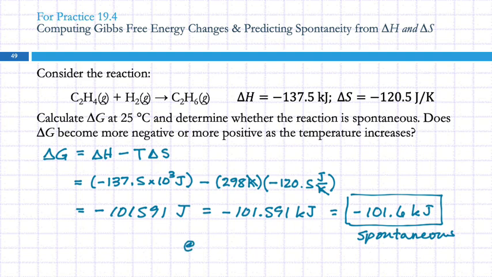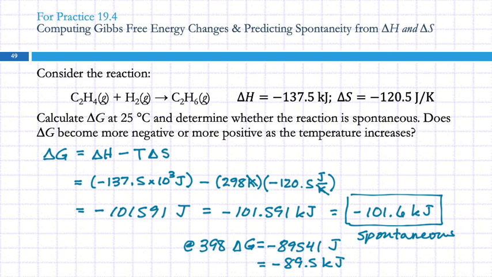So at 398, delta G is negative 89,541, which is negative 89.5 kilojoules. Is it getting more negative or more positive?